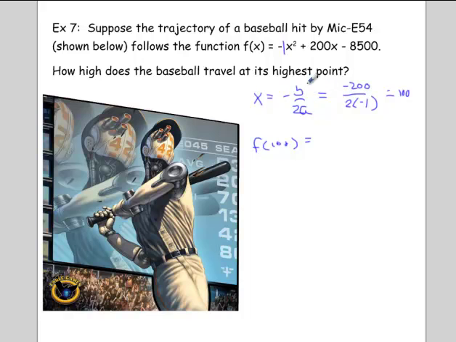So this negative 1 right here is going to multiply the 100 after it gets squared. Then plus 200 times 100, and then minus the 8,500, and I'm running out of room.